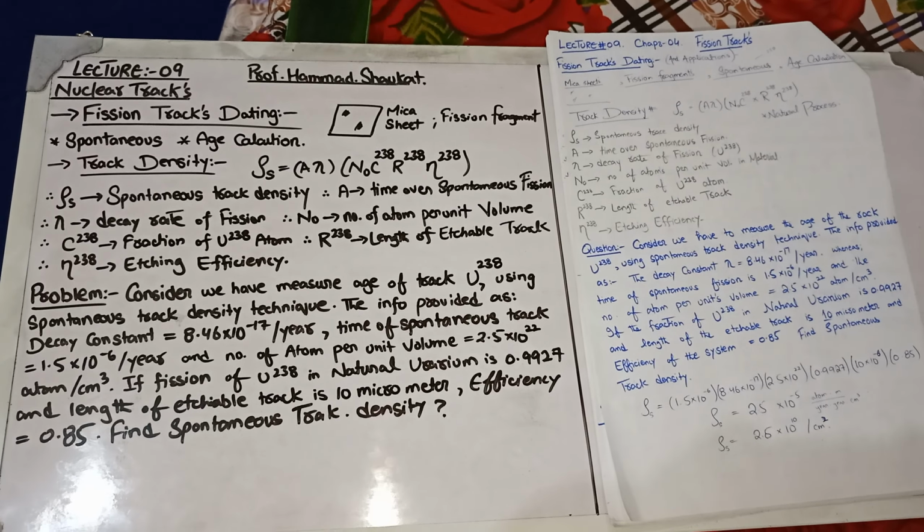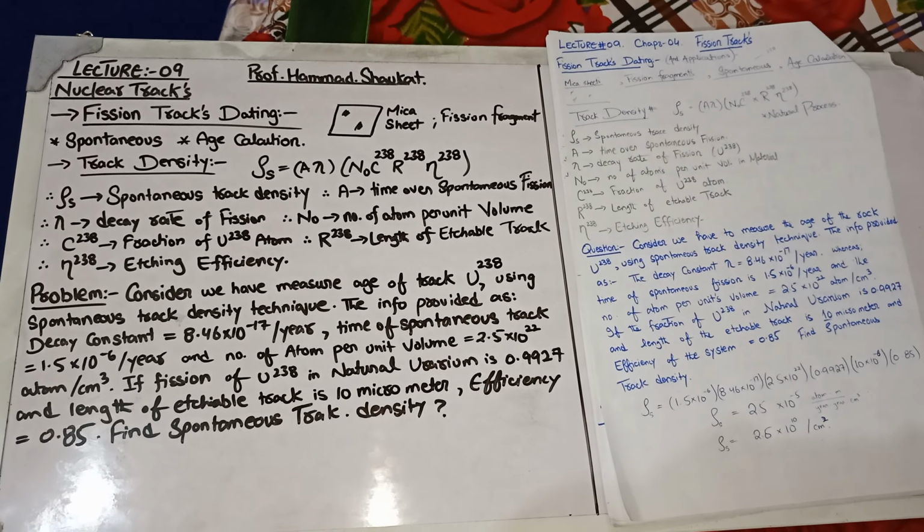The fraction of uranium-238 in natural uranium is 0.9927, so the value of C238 is 0.9927.